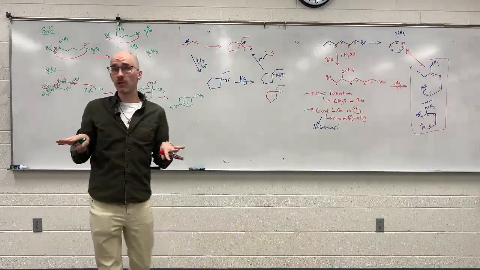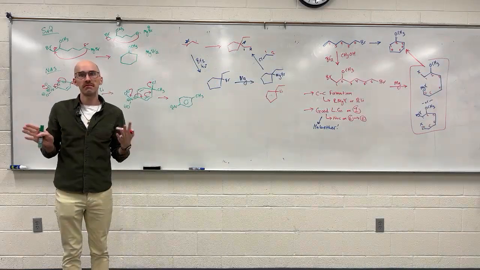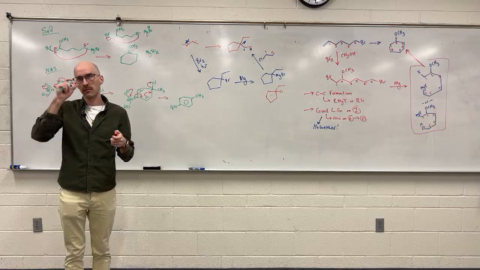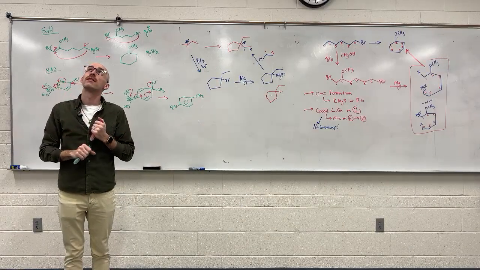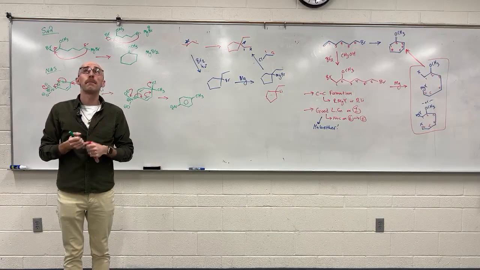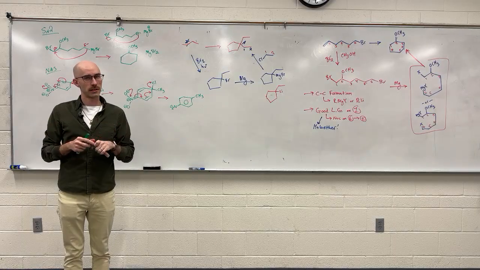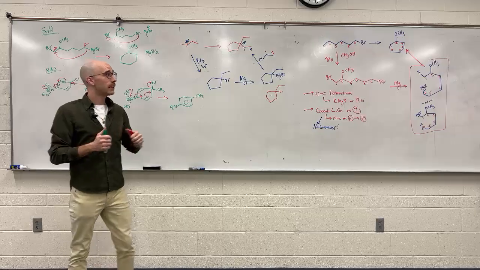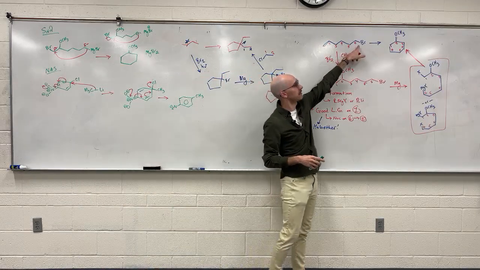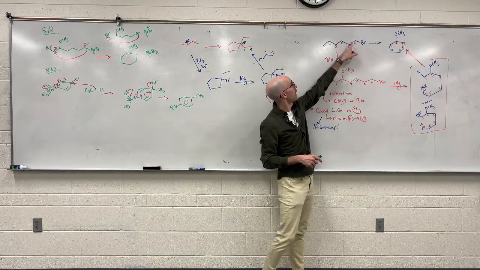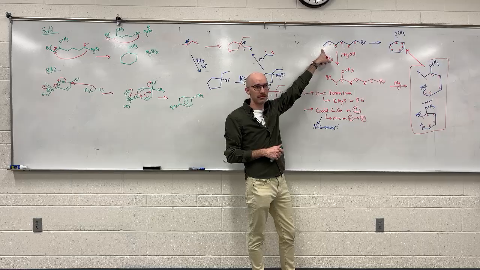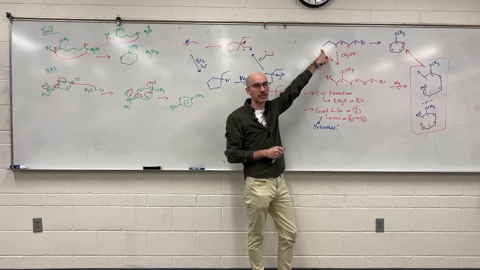With the double bond itself, probably no interaction. Possibly, because I actually don't know the answer to this, it's possible that if we just added magnesium here, the Grignard may actually deprotonate one of the vinylic hydrogens.